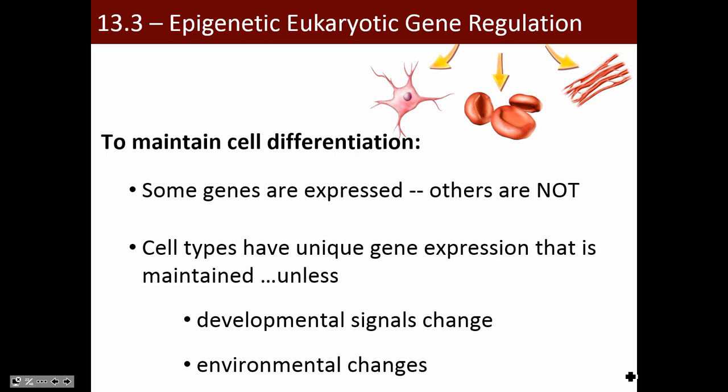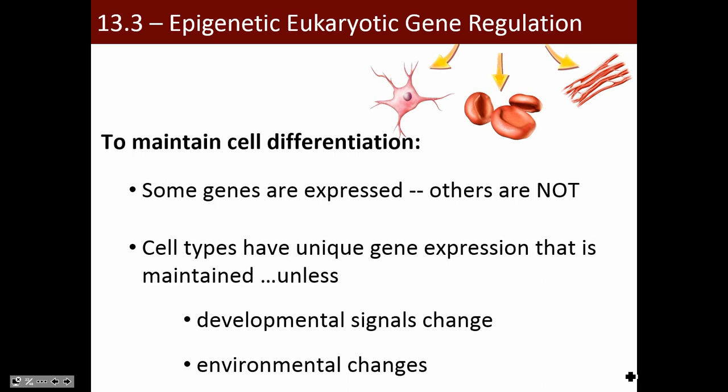In order to maintain that cell differentiation, some genes have to be expressed and other genes are not expressed. Some genes are turned on, other genes are turned off, right? I just sort of referenced all of this in our George Clooney example. That unique gene expression is maintained over time throughout the organism's lifespan until some signal comes in and disrupts that, right?